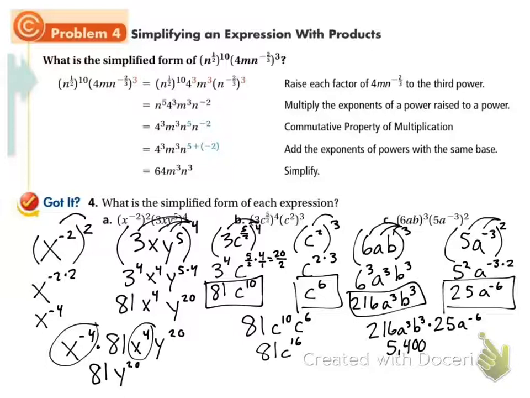I've got a to the third times a to the negative 6. So 3 plus negative 6, that's a negative 3. So a to the negative 3. And then I've got b to the third. And I need to do one last thing, right? I need to bring the a down to the bottom. So this ends up being 5,400 b to the third over a to the third. That's our answer right there.